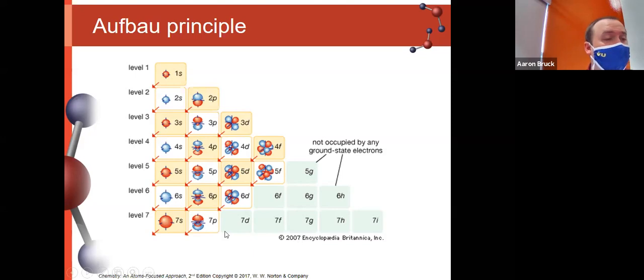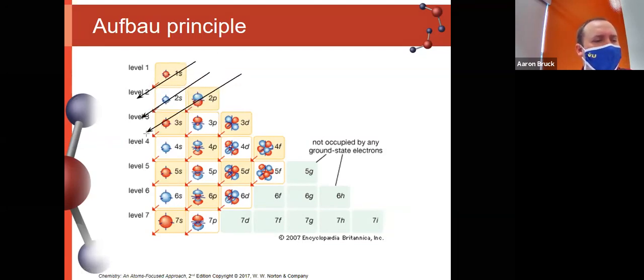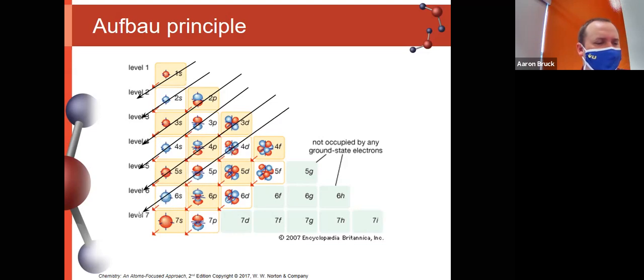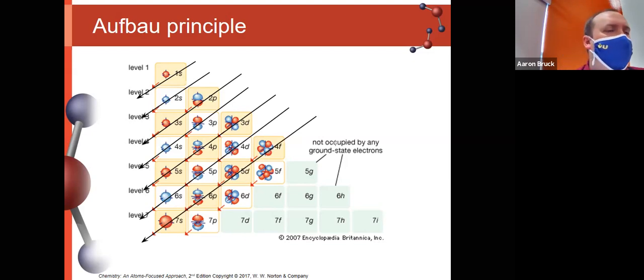But you can see that if you draw it out in this way, and drawing out a series of diagonal lines, you can come up with the proper filling order for electrons using the Aufbau principle. Problem with this method is, well, it's kind of long. It's tedious.